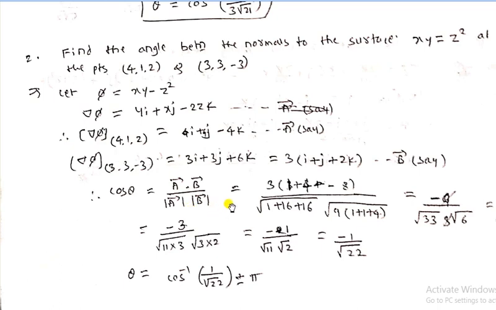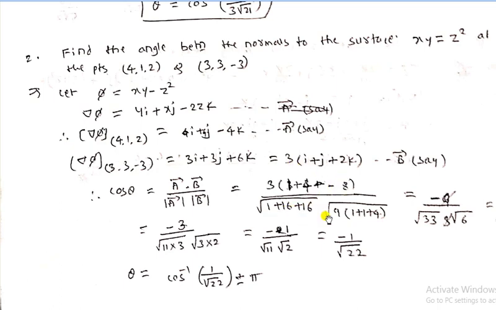So which is equal to 3 into the coefficients of i with i, j with j, k with k. So this gives 1 plus 4 minus 8 whole divided by the coefficients of i, j, k: 1 square, 4 square and minus 4 square, that is 1, 16 and 16.